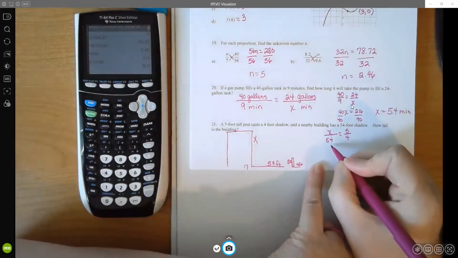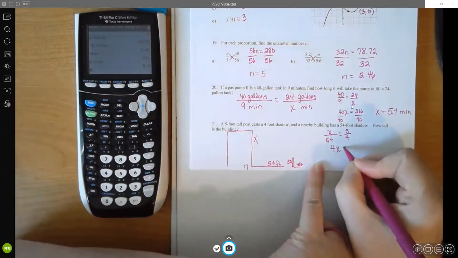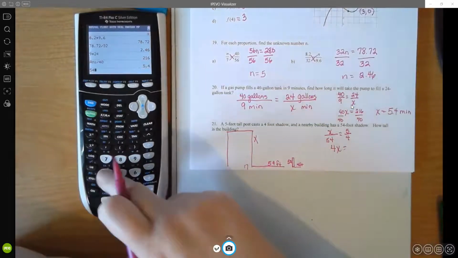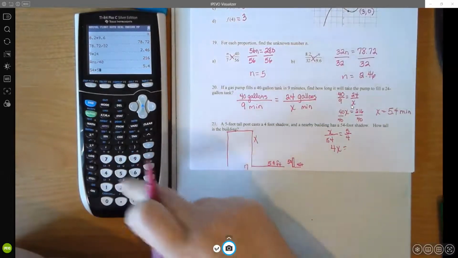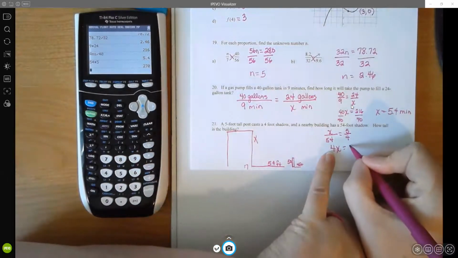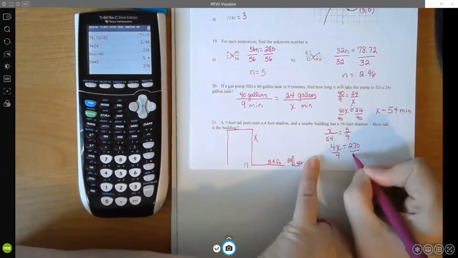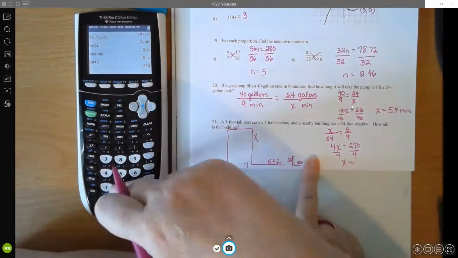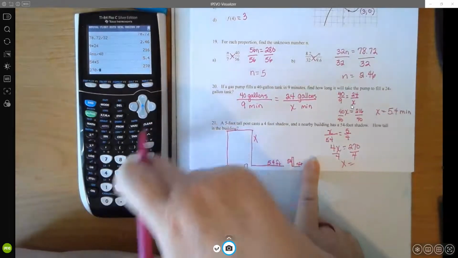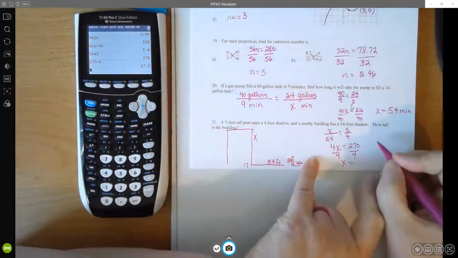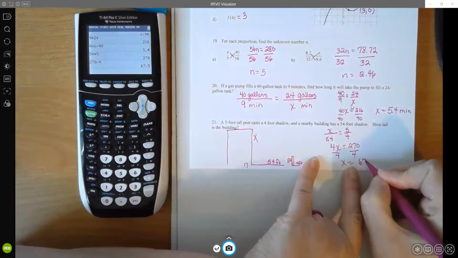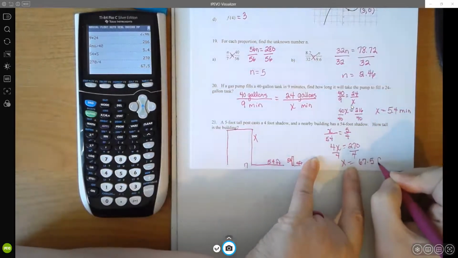So in this case, I have 4x equals 54 times 5, which is 270. And divide by 4. 270 divided by 4 is 67.5 feet.